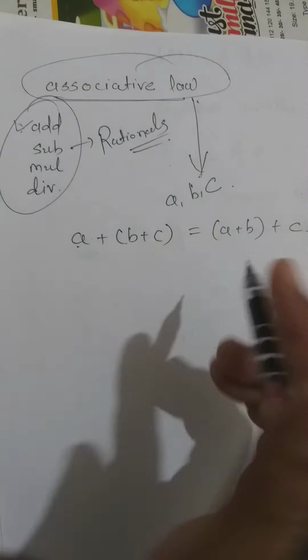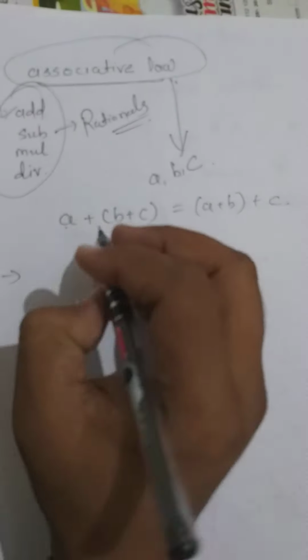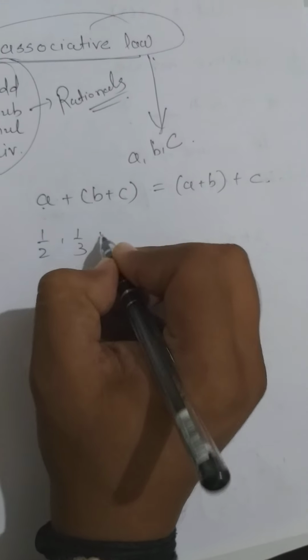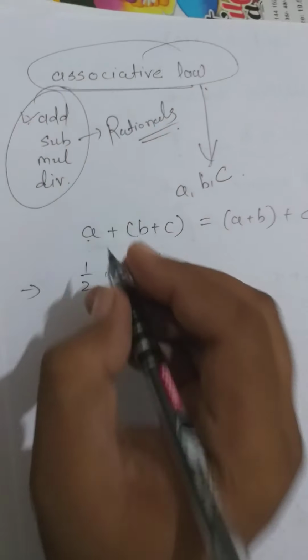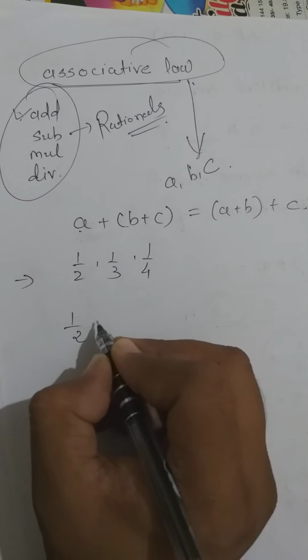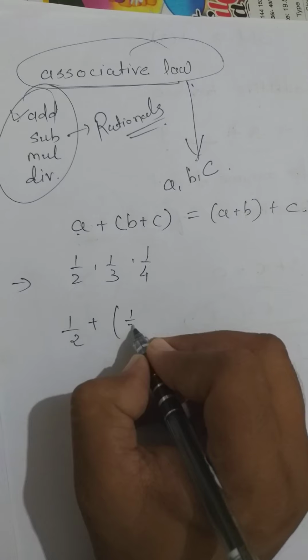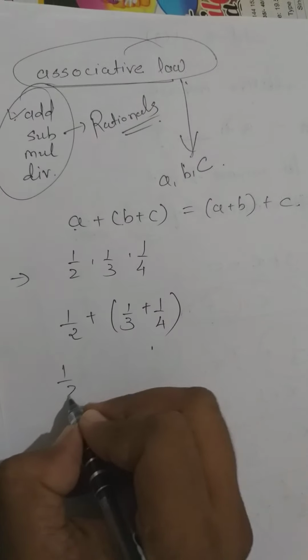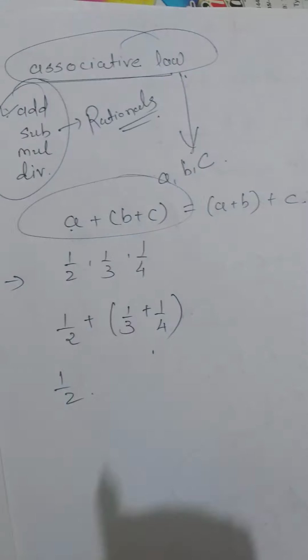First of all, we are checking it for addition. Let us take any three examples, for example, 1 by 2, 1 by 3 and 1 by 4. Then 1 by 2 plus 1 by 3 plus 1 by 4. I am looking just at the left hand side.